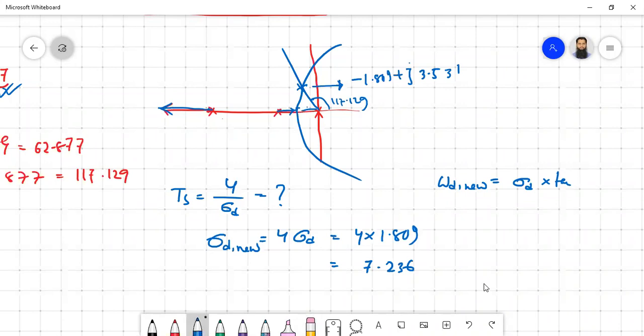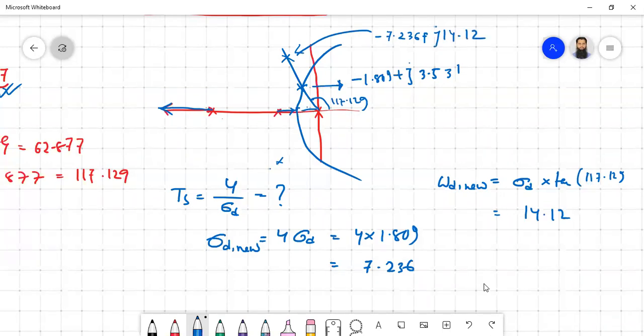So just follow the last class. So basically that will give you 14.12. So we figured out the point. The new point that we are looking for is somewhere here, and the new point has to be minus 7.236 plus or minus, because the other point will be here, so plus or minus j 14.12.